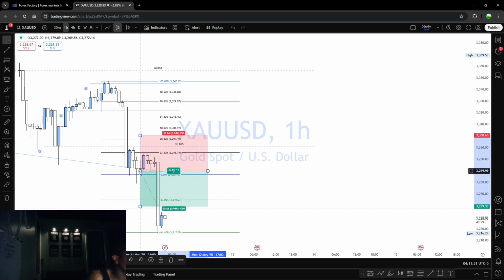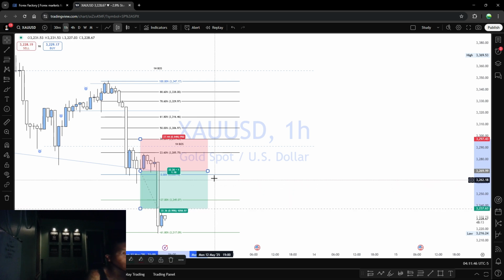It was somewhere around the 1-to-1 retest. So I had my stop loss above this here. And I actually did not go for this negative 27, but I did go for this daily level right here.